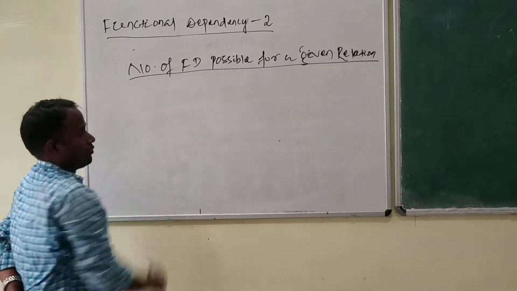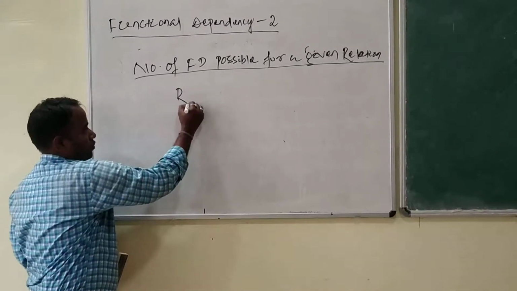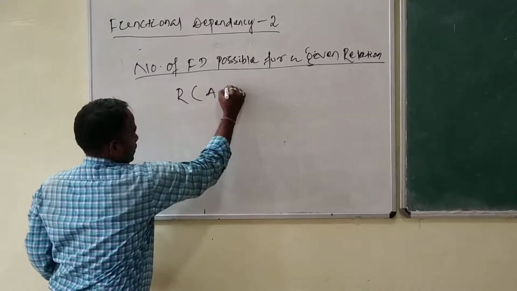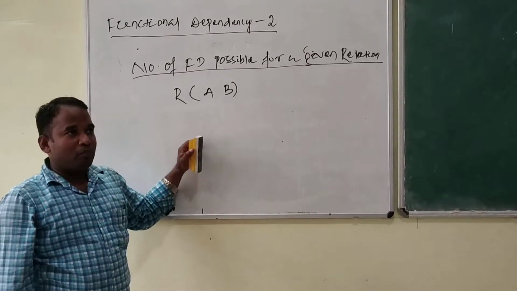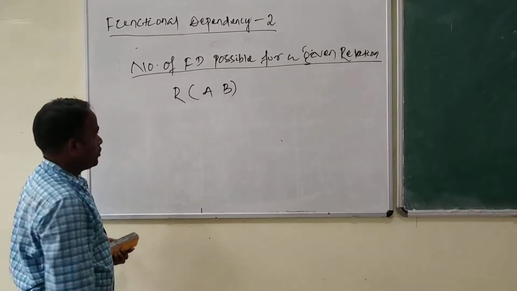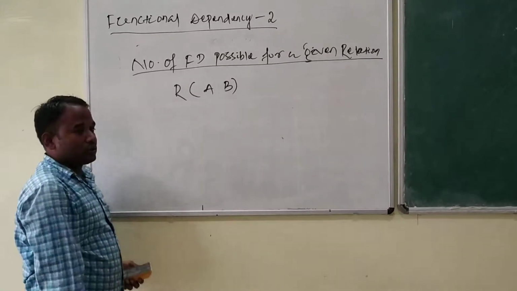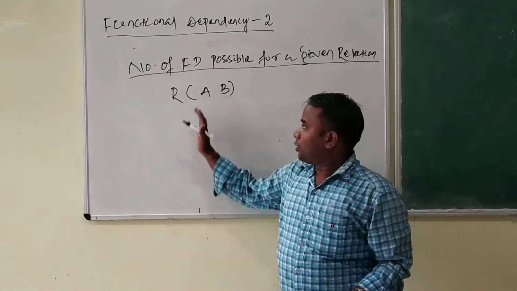Suppose there is a relation R with 2 attributes. Practically this is not realistic, but let's assume there are 2 attributes for a given relation. The question is, how many functional dependencies can be possible over this relation?